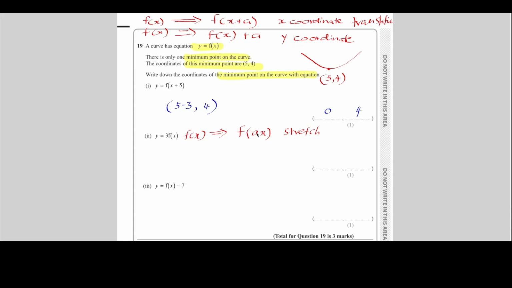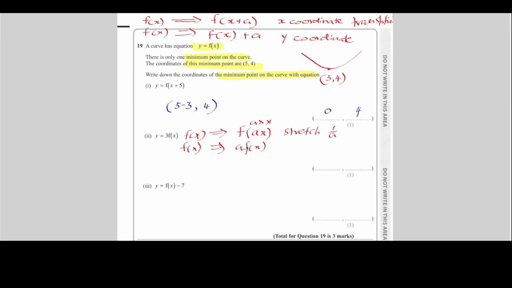If you spot multiplication, the meaning is a into x, so it is a stretch. If it is a stretch, we gotta apply always opposite. We have to multiply by 1 over a, which means we need to divide. Basically, if it is multiplication, we need to divide by the number that we are getting here. If it is a division, we need to multiply by the number here. If you are getting it in this way, f of x out of the bracket, can you see it is not inside, it is still a stretch because there is multiplication.